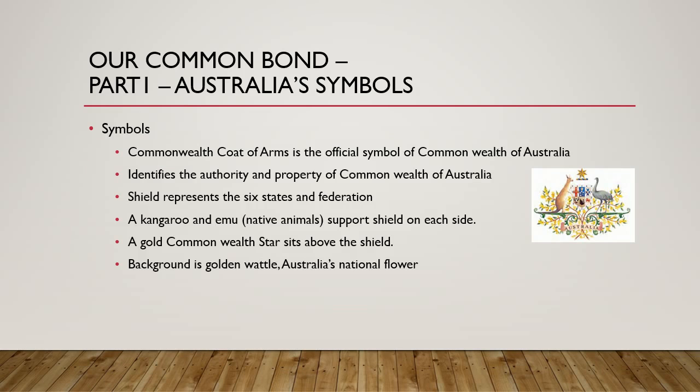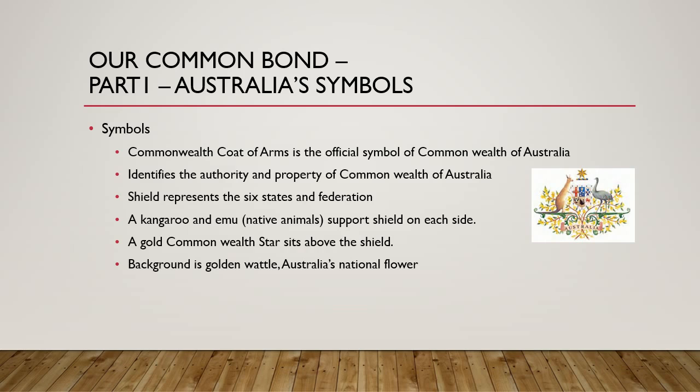For symbols, the Commonwealth Coat of Arms is the official symbol of the Commonwealth of Australia. This is a very popular symbol you have seen on many government and immigration websites. It identifies the authority and property of the Commonwealth of Australia.